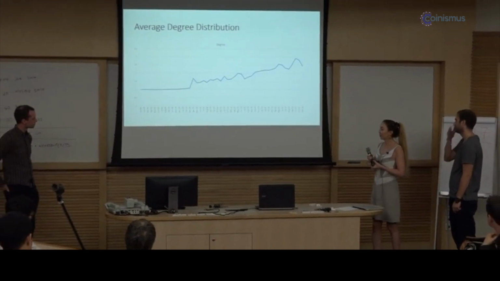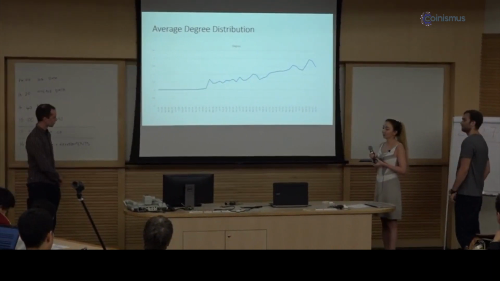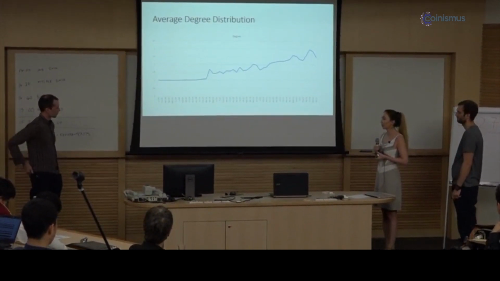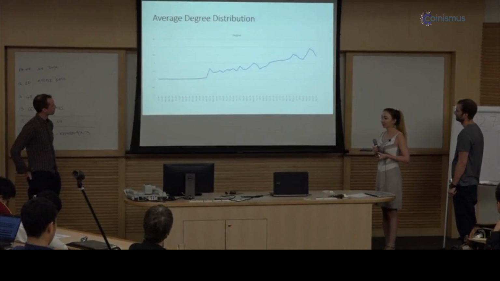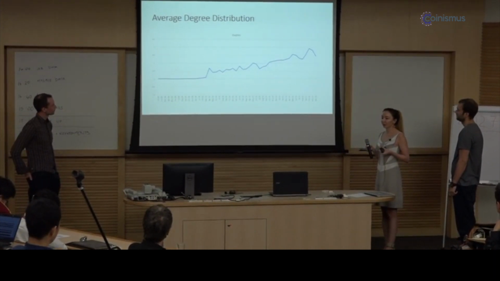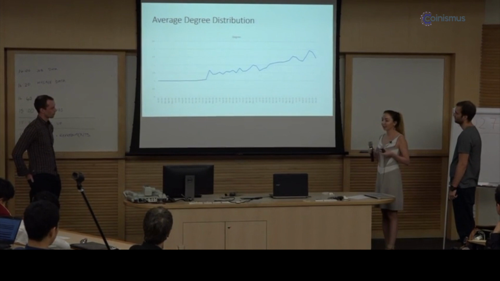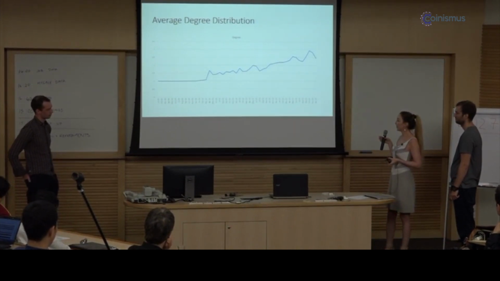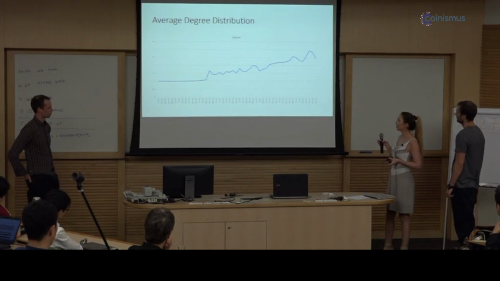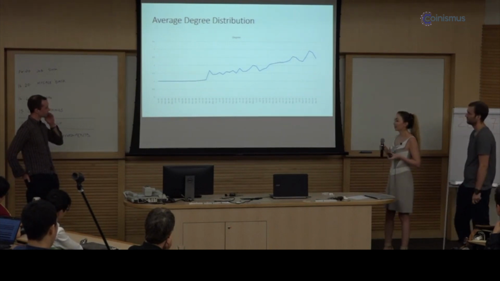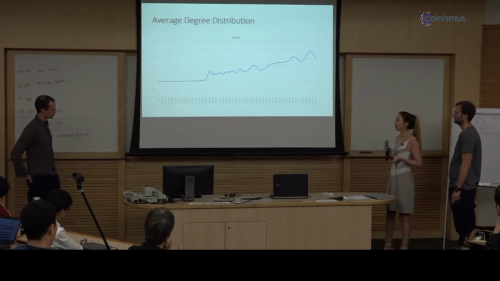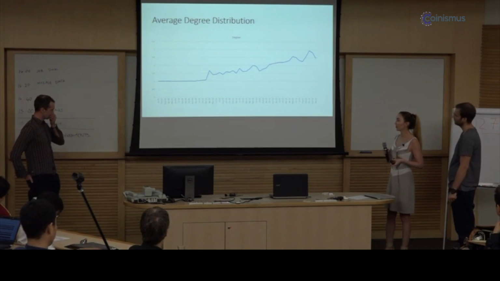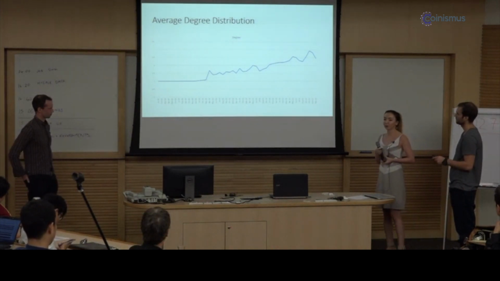In the first few months, the average degree of our network was equal to 1. It says that people using the Bitcoin system only sent once and then forgot about their wallet. But with time, we see that the average degree is growing, which means that people use the Bitcoin network more and more, not just for one transaction.